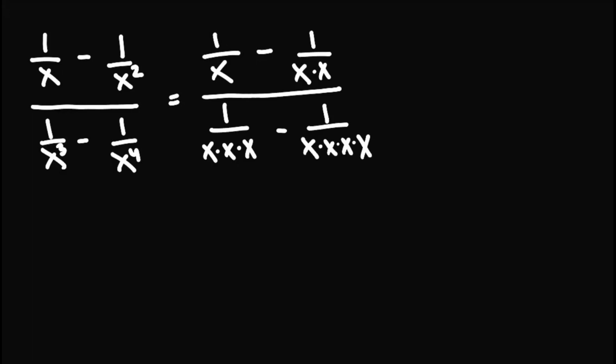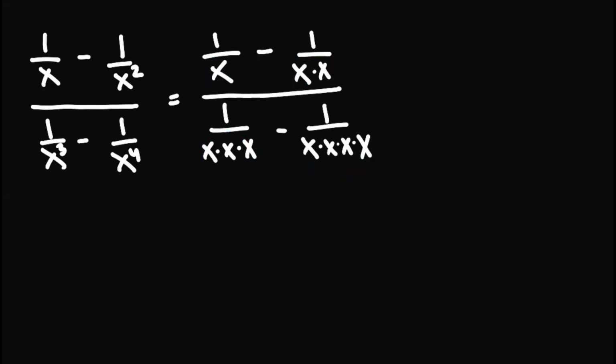So given this, we can see that their LCM, or least common multiple, is this one, since upon multiplying x times x times x times x, or x raised to 4, we'll be able to cancel these.